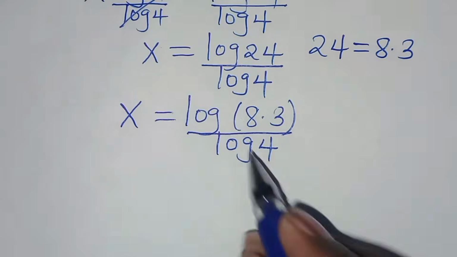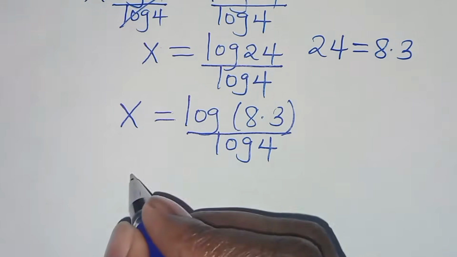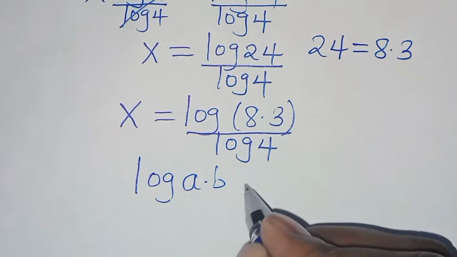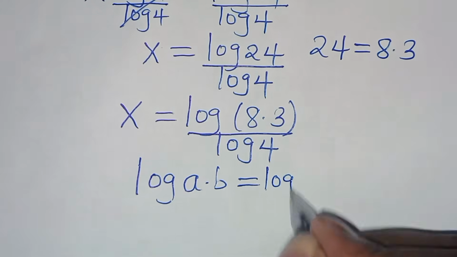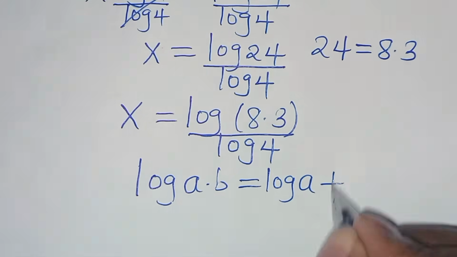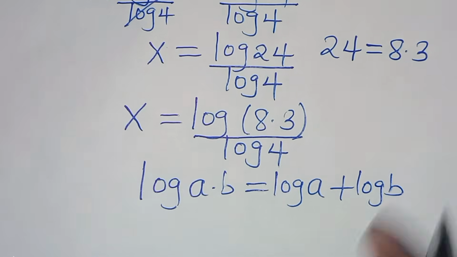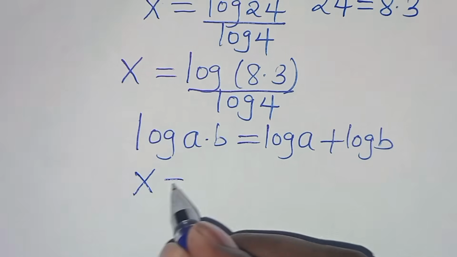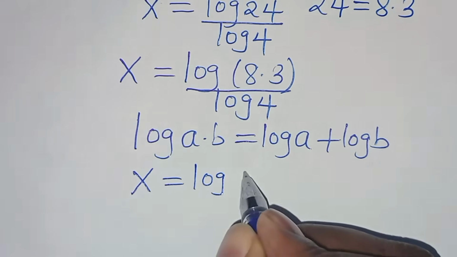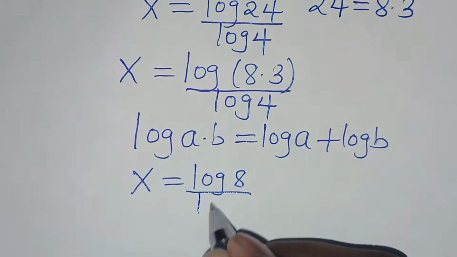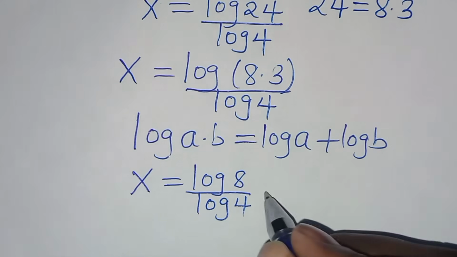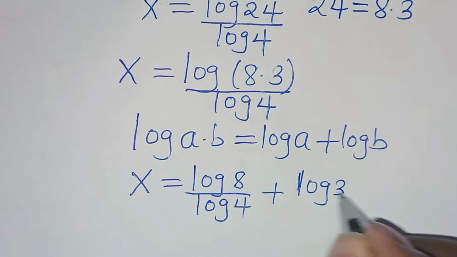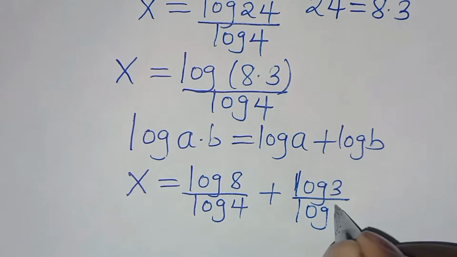The next step is that log of 8 times 3 is in the form of log of a times b, which we can express as log a plus log b. Applying this logarithm property, we have that x is equal to log 8 divided by log 4, plus log 3 divided by log 4.